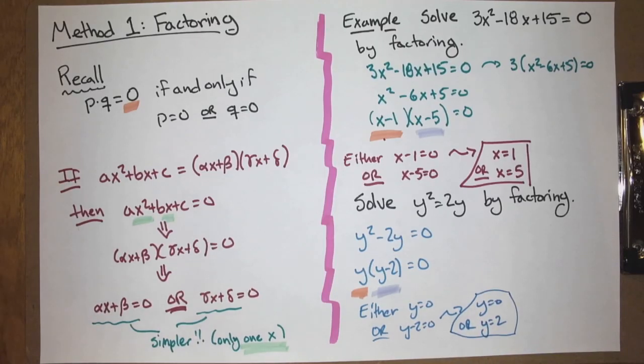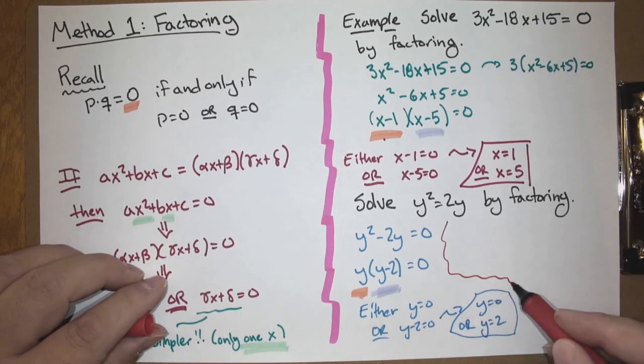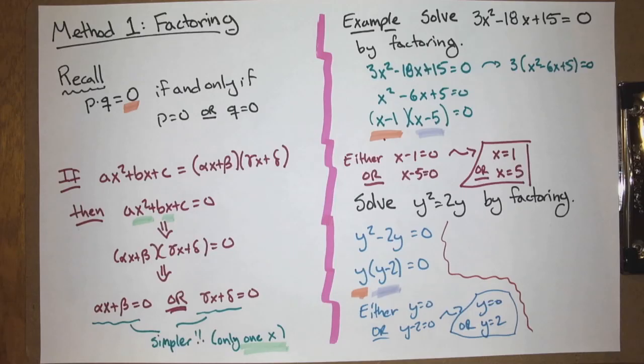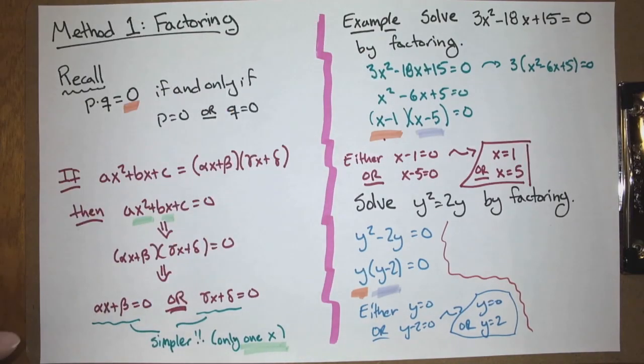Now, I did want to point one thing out. Something that I have seen people do in the past. But not you, because you're the good students. But I just want to point this out as you help your friends. y squared equals 2y. There's a temptation to say, hey, everything has a factor of y. Just like before we said everything has a factor of 3.